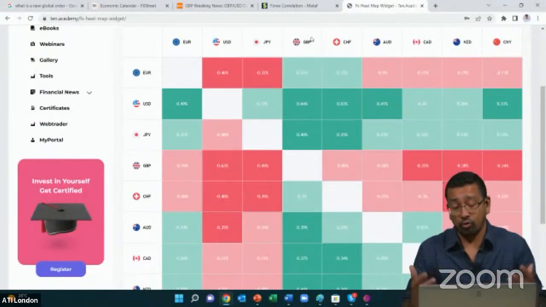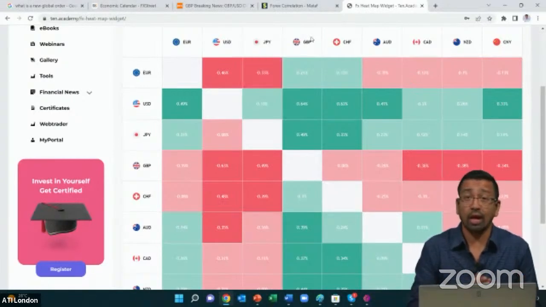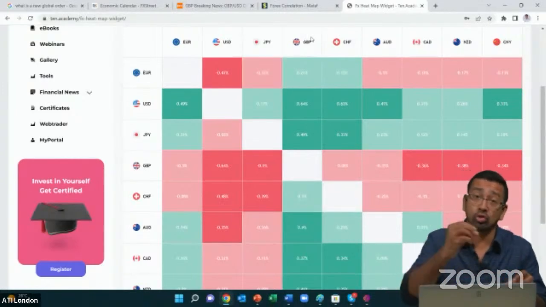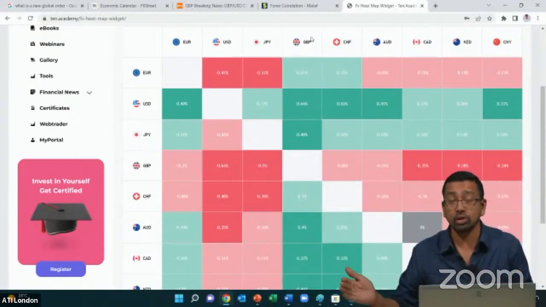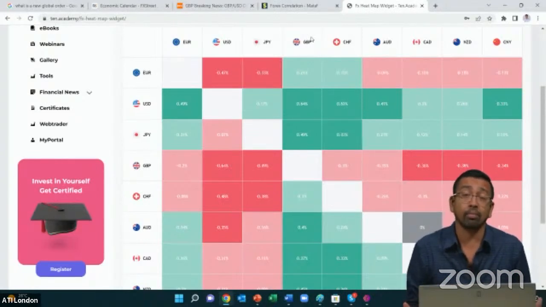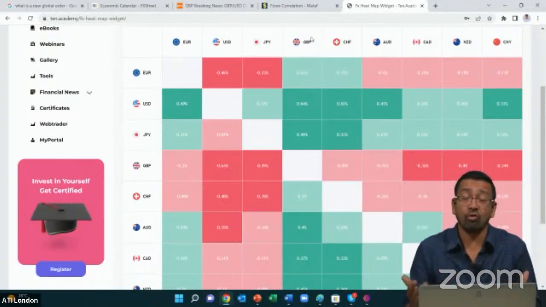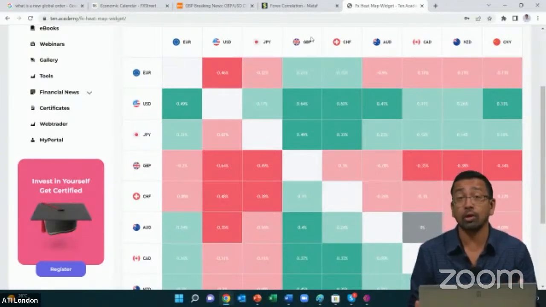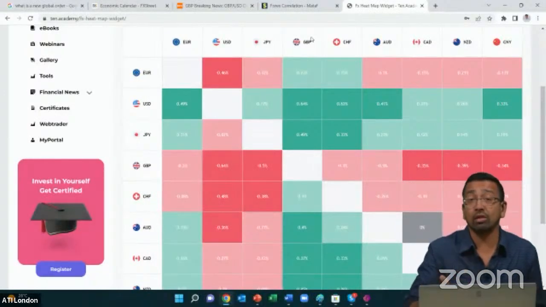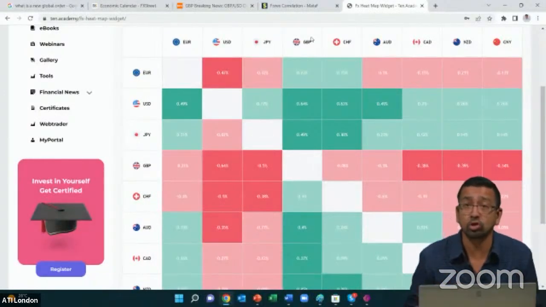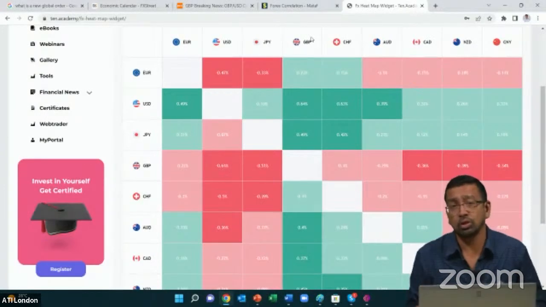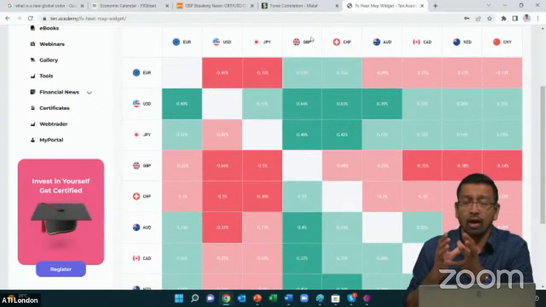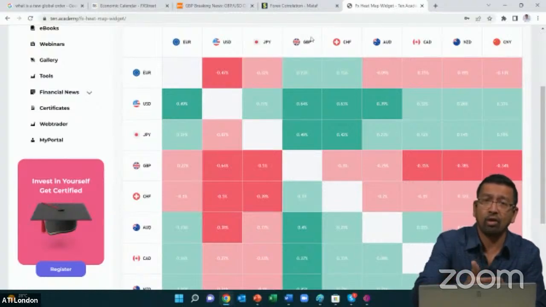If you are looking at a pair that is not really moving in the market because it's not being concentrated or focused on by the big boys, then there's no point trading that pair, because the way the Forex market moves is through volatility, and volatility is the lifeblood of the Forex market. Volatility is created by risk events, by speeches by the big boys, hedge fund companies, banks, and various other factors. So we need to look at all these factors that have moved the pair for the day.